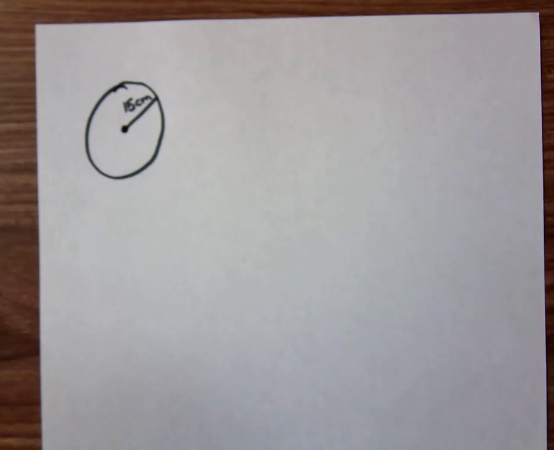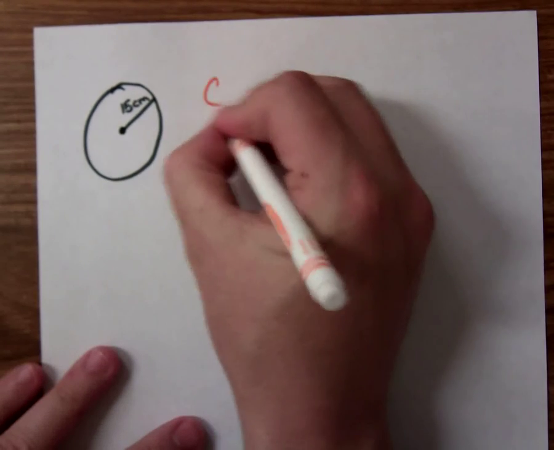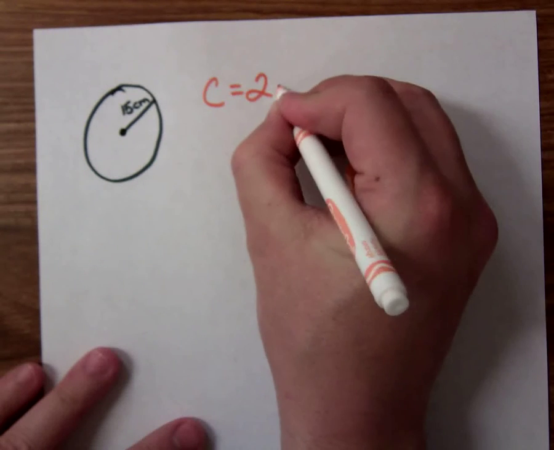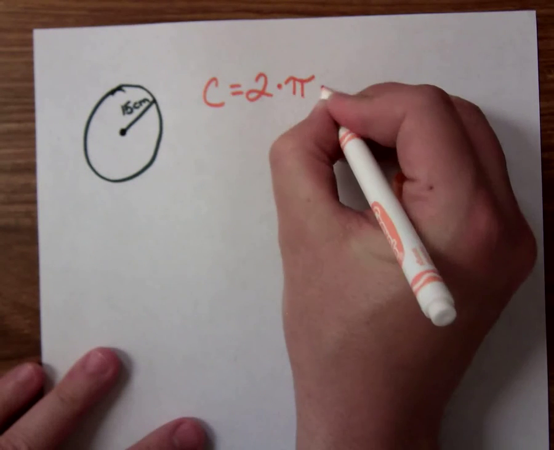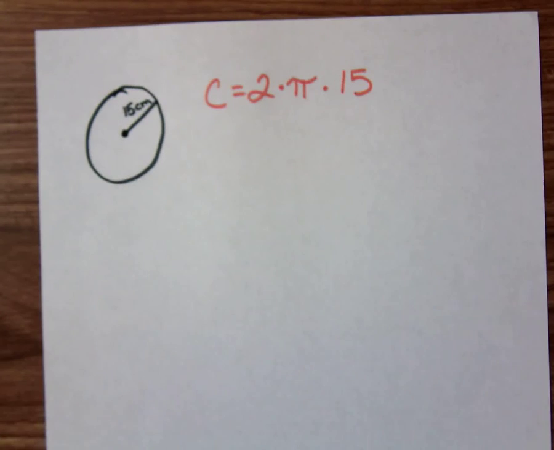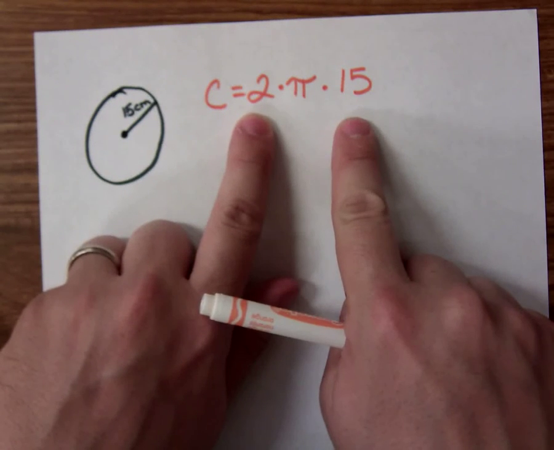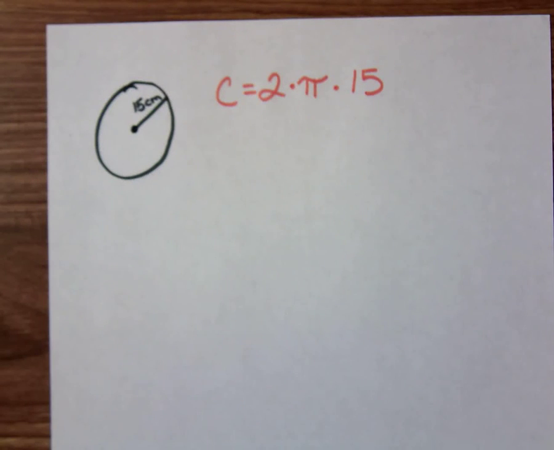That is why in the formula that uses radius, the first thing you have is multiplying by 2. It was 2 times pi times the radius, which is 15. That's why that one has 2 times and the other one does not, because we're taking the radius and doubling it to make it the diameter. So in a way, they're both the same formula, just look a little different.